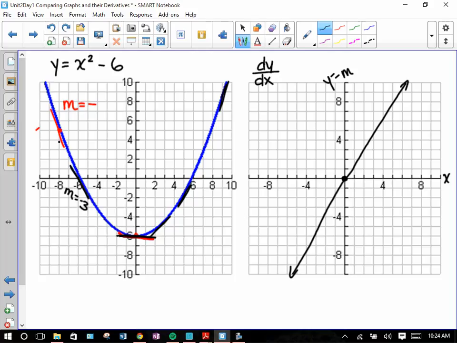If you think about this, it's going to be maybe x squared minus 6. What is the derivative of x squared minus 6? So 2x is the function of our derivative. If you were to graph 2x on the calculator, you're going to get a linear line that goes up 2, over 1, up 2, over 1, up 2, over 1.